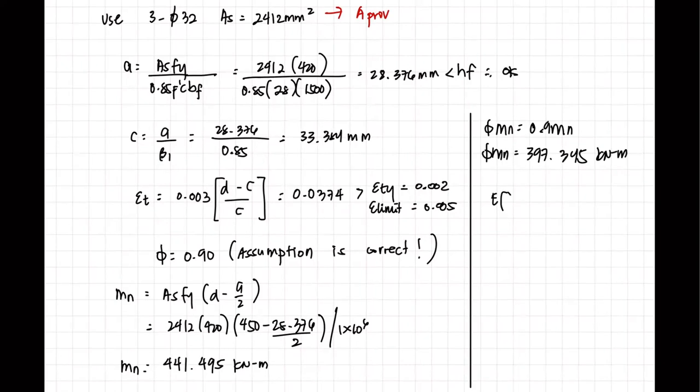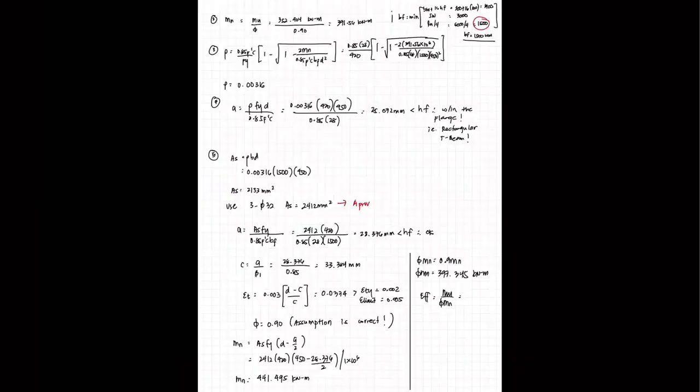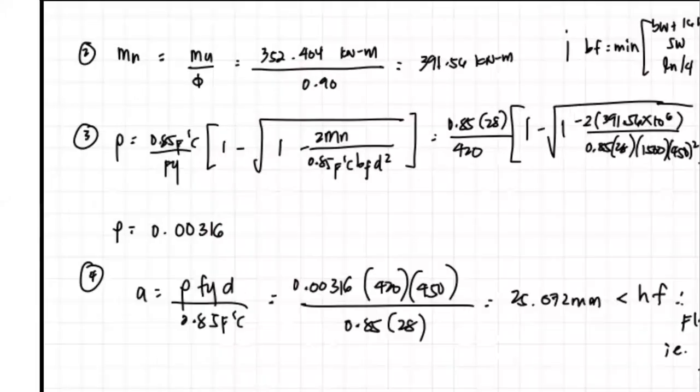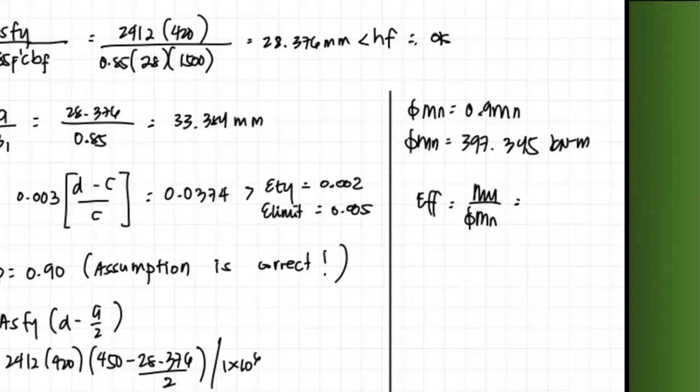So, let's check efficiency. Mu over phi Mn. So, ating Mu is based from our first step, 352.404.